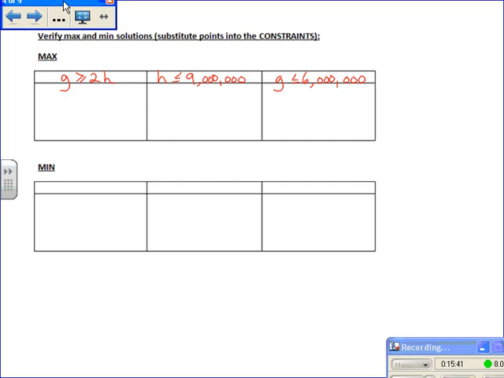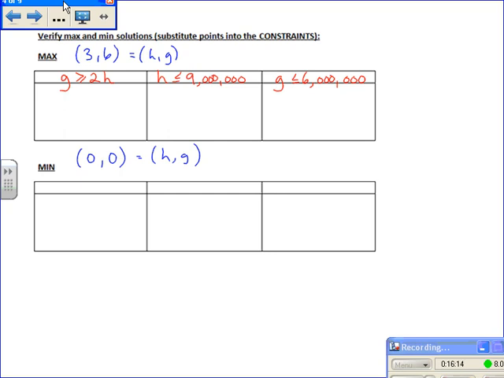Okay, there's our constraints. So what we could do is plug in the points that we've said are our solutions. For maximum revenue, the point that we had was 3, 6, which is H and then G. And our minimum was 0, 0, which is also H first and then G. So I could plug that point into my constraints, and it should satisfy all of my constraints.